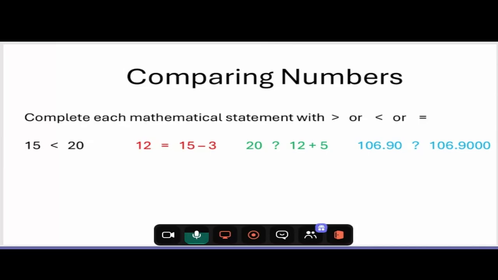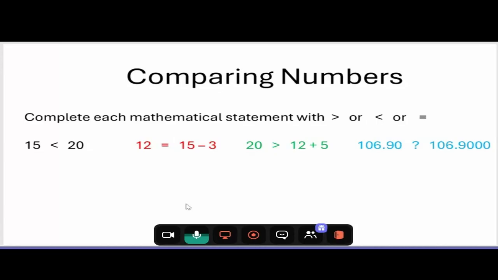Those are the same. Let's compare 20 with 12 plus 5. Let's see, 12 plus 5 is 17, which is smaller than 20. So we are going to use the greater than sign, because 20 is greater than 17. 20 is greater than 12 plus 5.